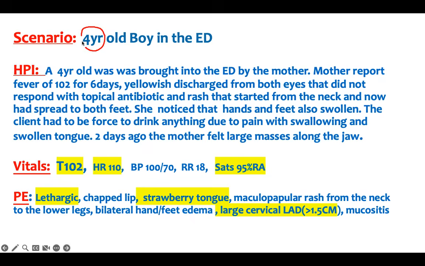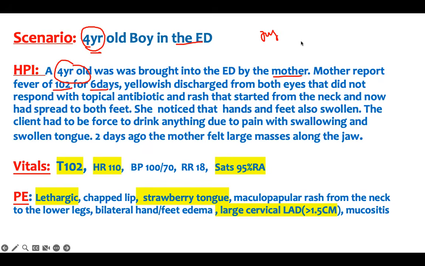So what is the problem? The scenario is always very important. A 4-year-old, then you have to think, it's not a 7 or 8-year-old, it's a 4-year-old. So I'm dealing with a kid in the emergency room, brought in by the mother. In your test, since you cannot underline, you can take the whiteboard and write 4-year-old. Mother reports fever 102 for 6 days.